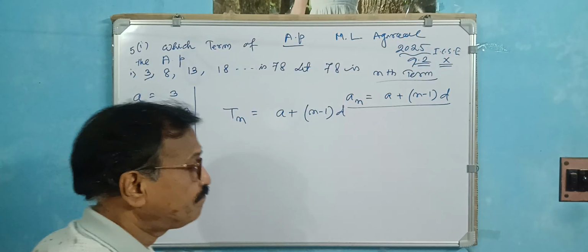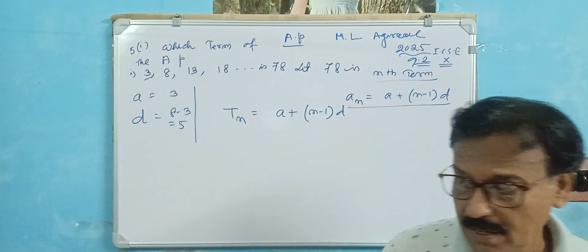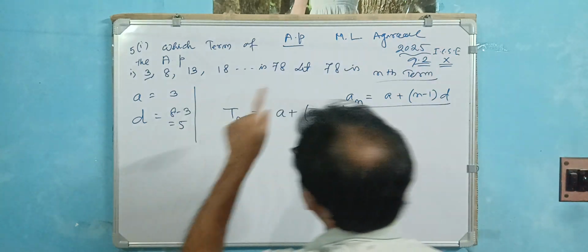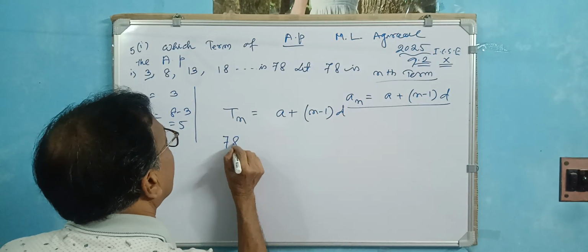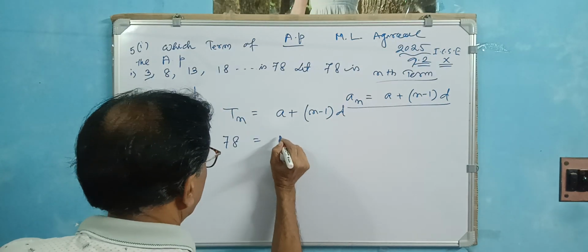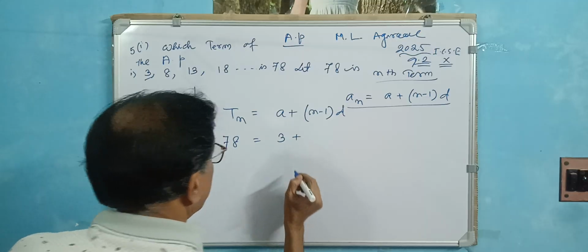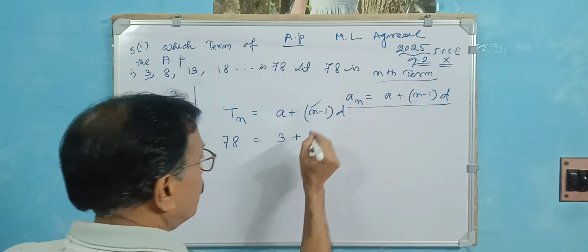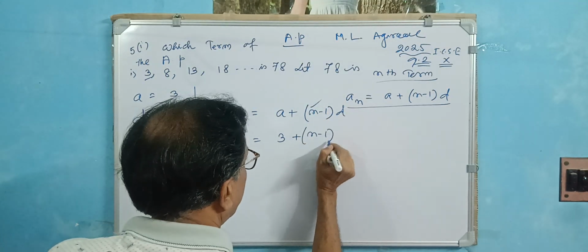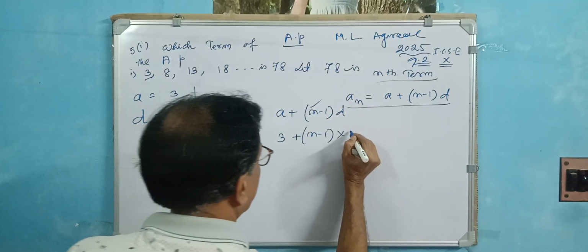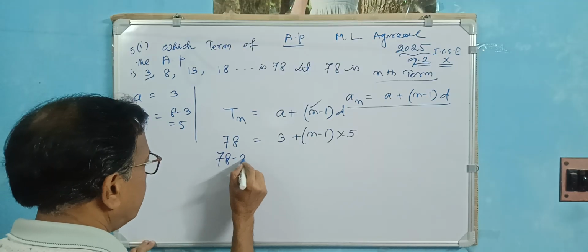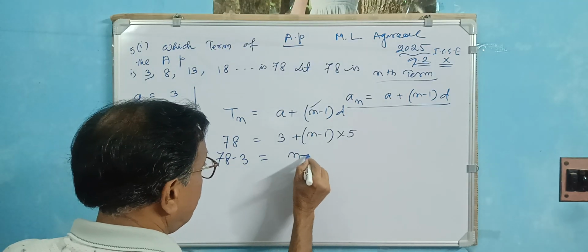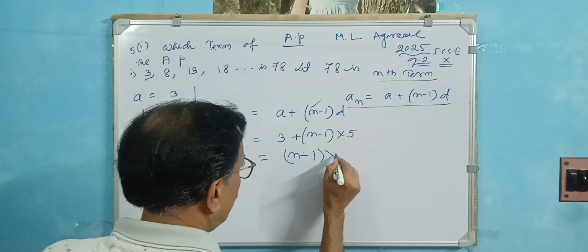No problem. Clear? Here the nth term is given as 78. You just put the value 78 here. You know A is 3 and D is 5, and you just find the value of n. So 78 minus 3 equals (n minus 1) into 5.